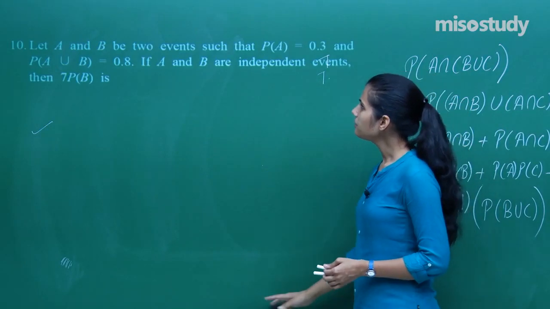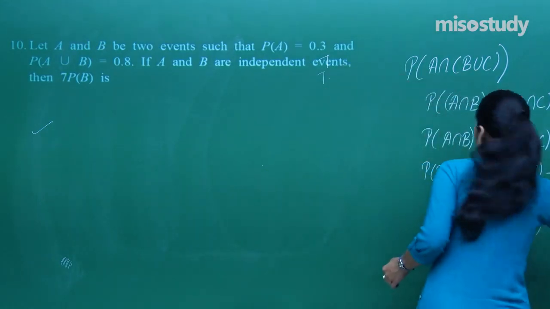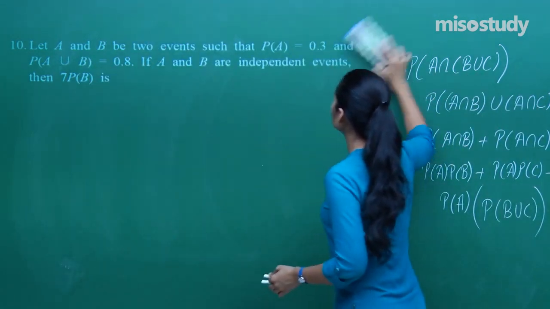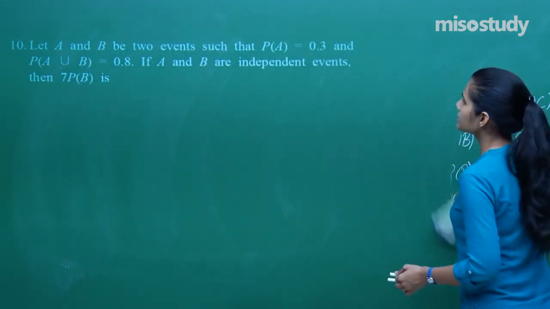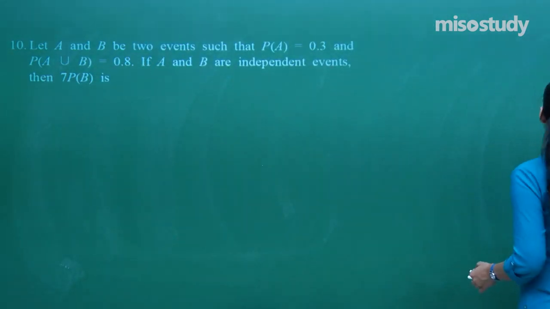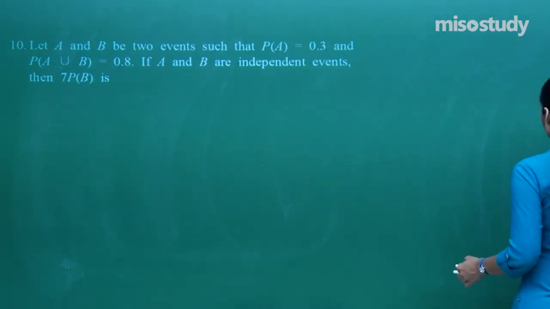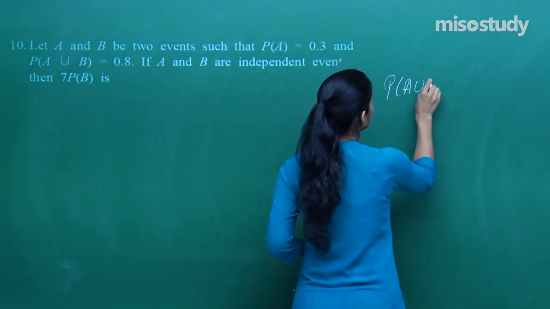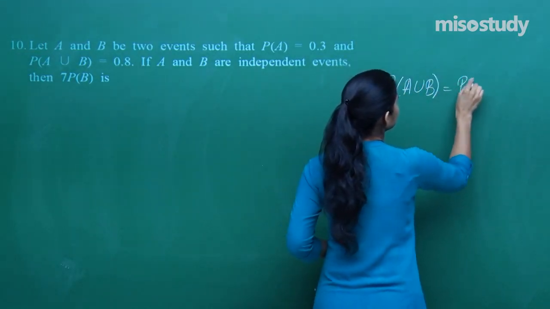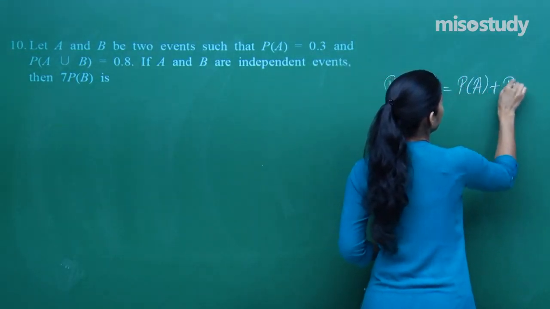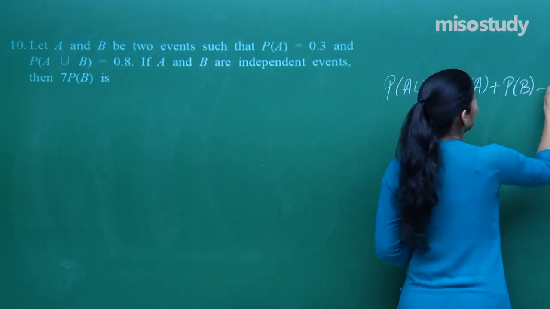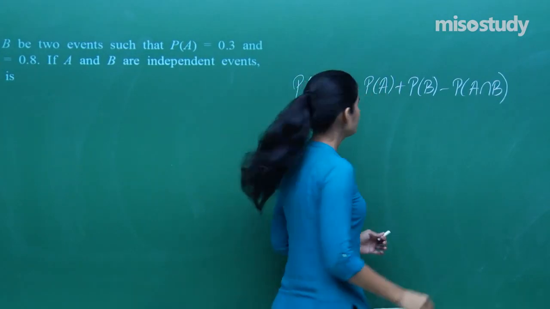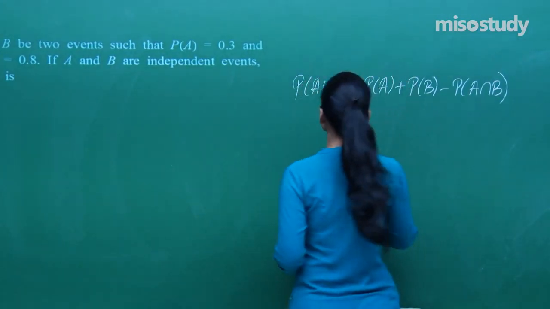Next we have A and B are two events such that probability of A is given to you as 0.3. A union B's probability is given to you. If A and B are independent events, then 7 times probability of B is what? Let's see. Now probability of A union B is probability of A plus probability of B minus probability of A intersection B. Probability of A union B is 0.8.